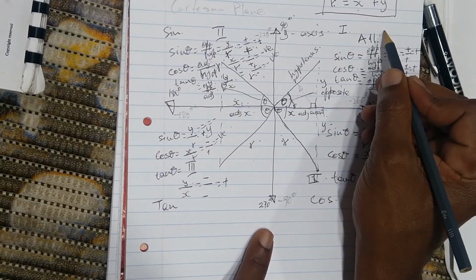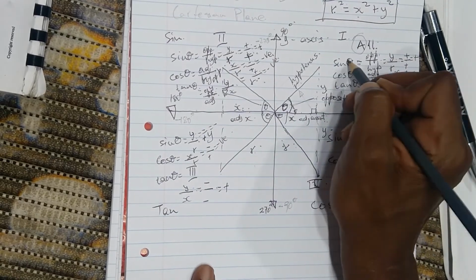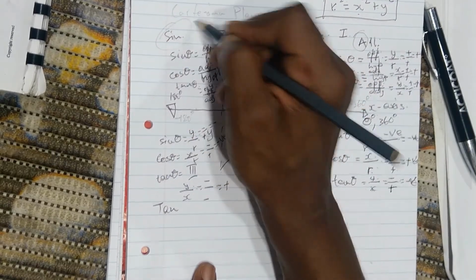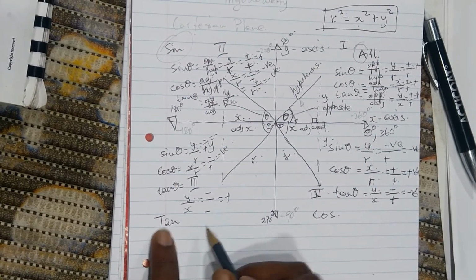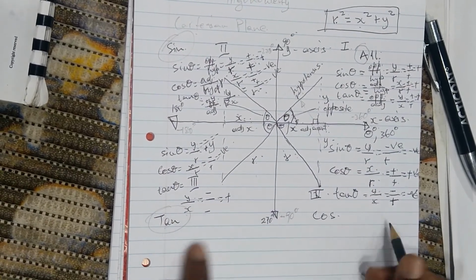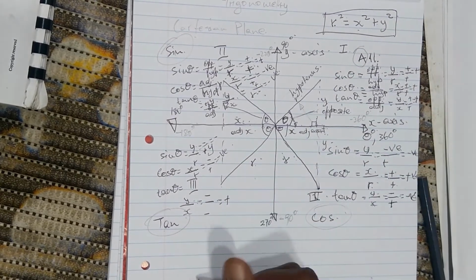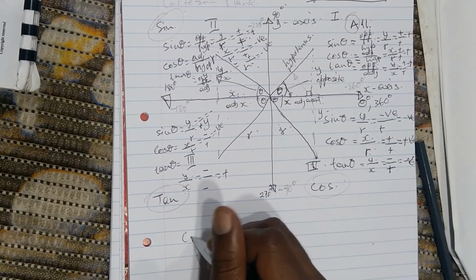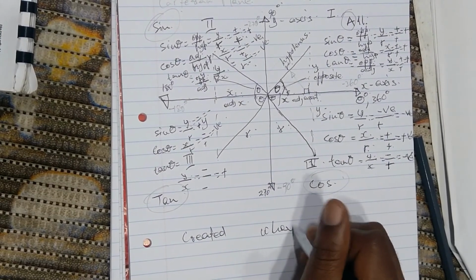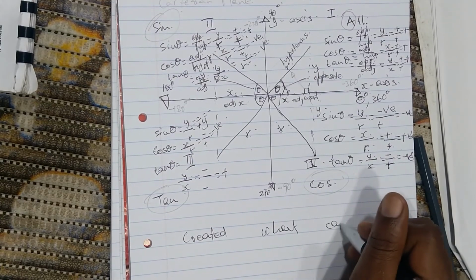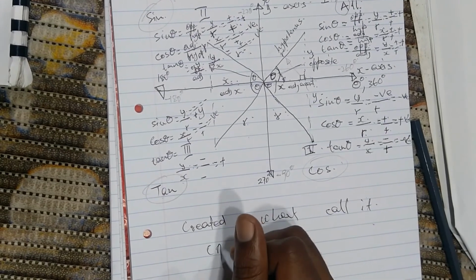One thing that we have now created: we have seen that all of them are positive here, and only the sine is positive here, and the tan is positive here, and the cos. Again here, for your toolkit, you have created what we call the CAST diagram.